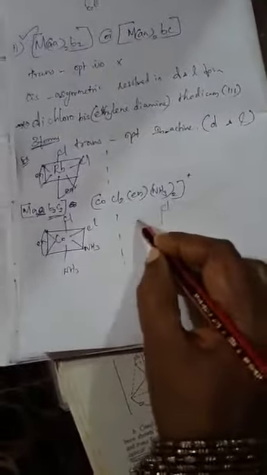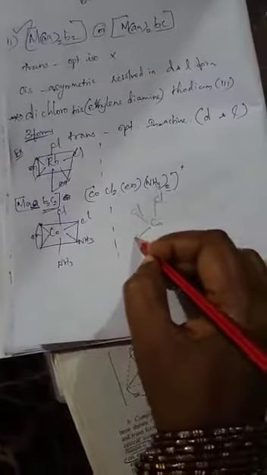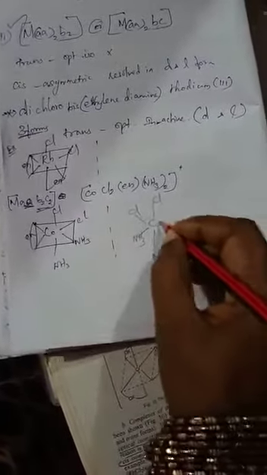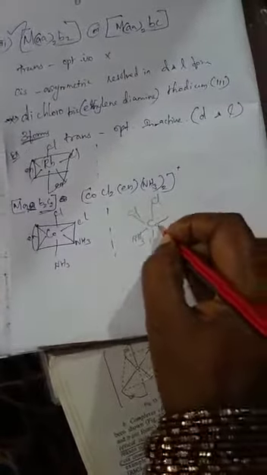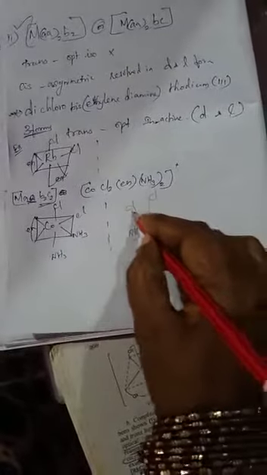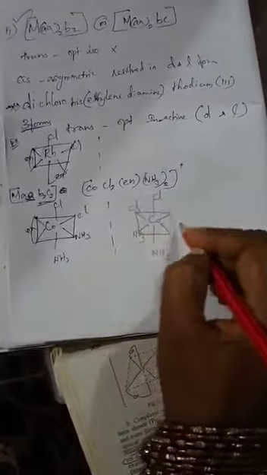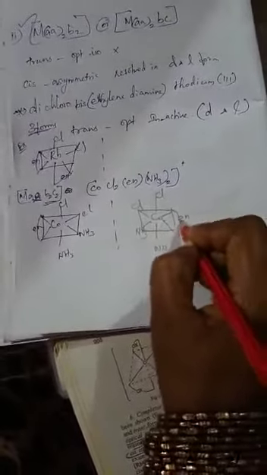CoCl, see here Cl, NH3, and in a ring-like structure because it comes under polydentate ligand.